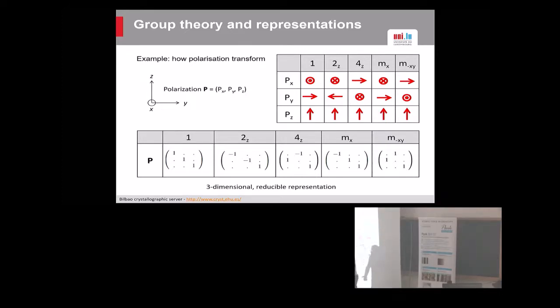So I cannot say that Px transforms in a well-defined way under C4, because I cannot express its image as a function of just itself. So what I have to do here is to take together Px and Py and consider them as a group, okay? And this corresponds to what you all know, that in a tetragonal point group, you have equivalence between the A and B axes, okay? And everything in this plane is degenerate.